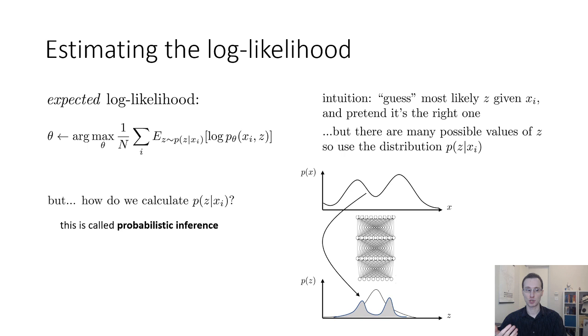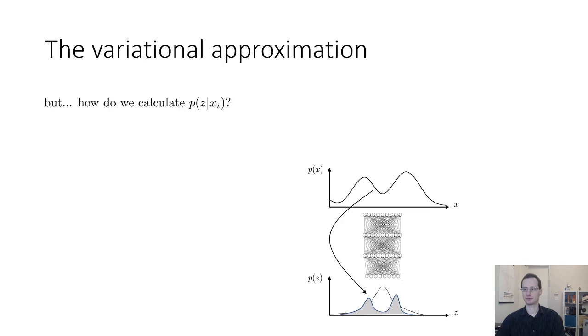So inference in general is a very difficult problem. But what we'll talk about today is how we can perform approximate inference, how we can approximate p of z given xi, and from that we'll actually derive a tractable way to train these complex latent variable models with neural networks.